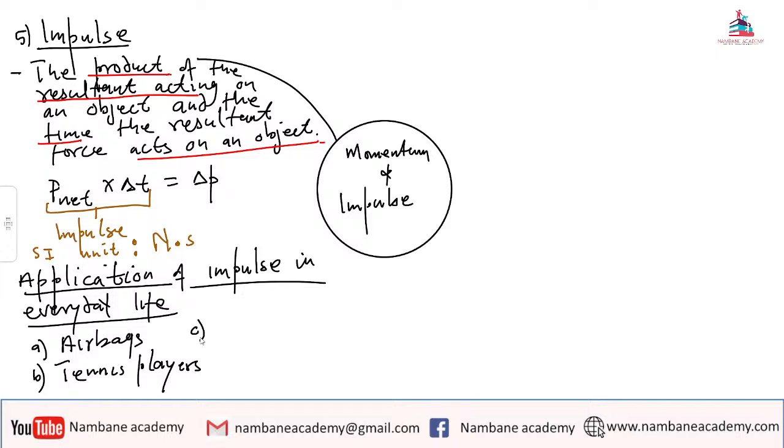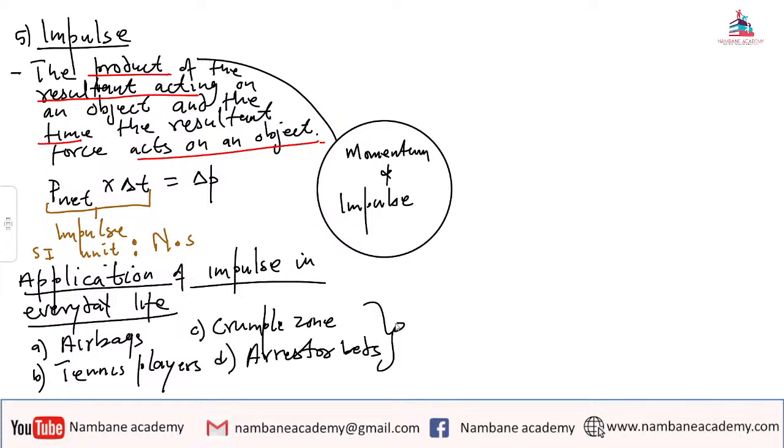We can also explain this in terms of crumple zones during accidents, as well as what we call the arrestor bed. Ladies and gentlemen, the principle here relates to the impulse. So we must be in a position of relating what is going to happen with an airbag. How is it assisting in our daily life?